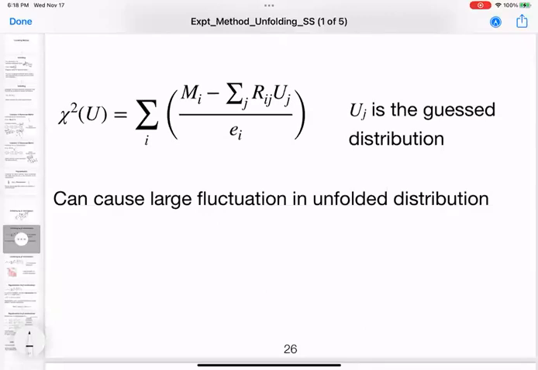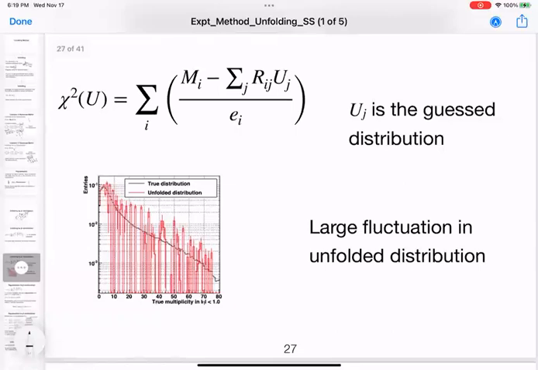Now, if you try to apply this unfolding, the example is shown here. You can take a response matrix, and in the simulation you have a true distribution, a measured distribution, and a response matrix.